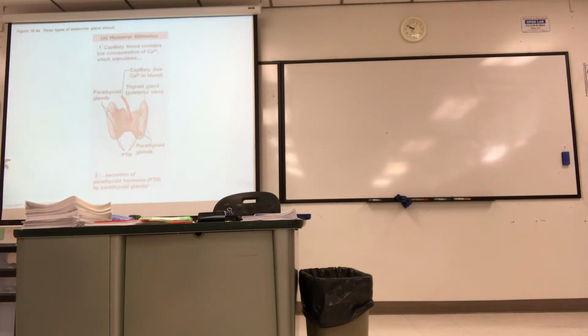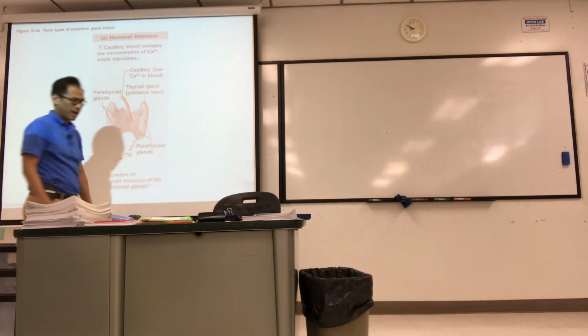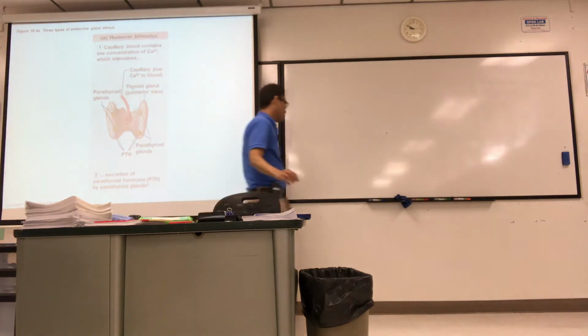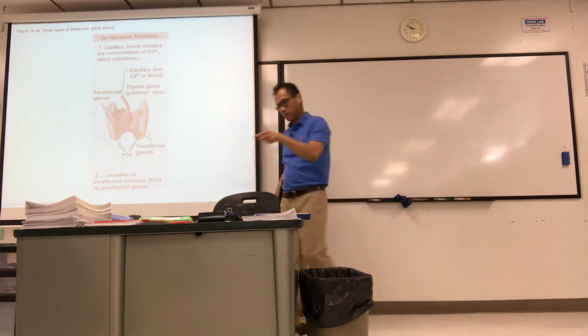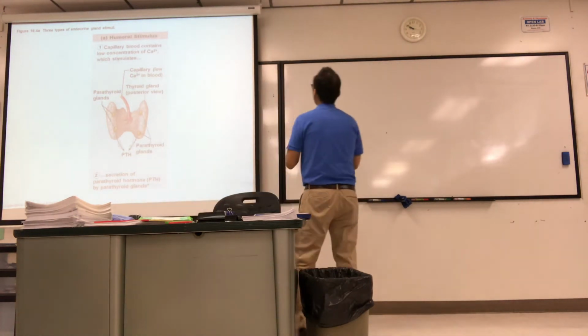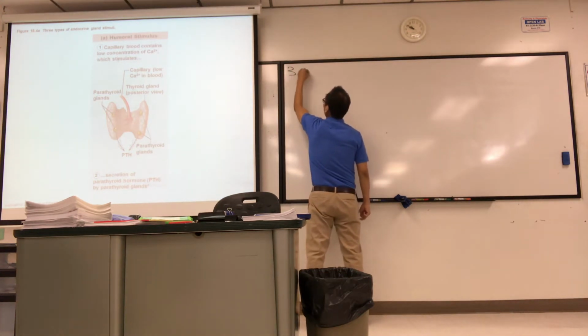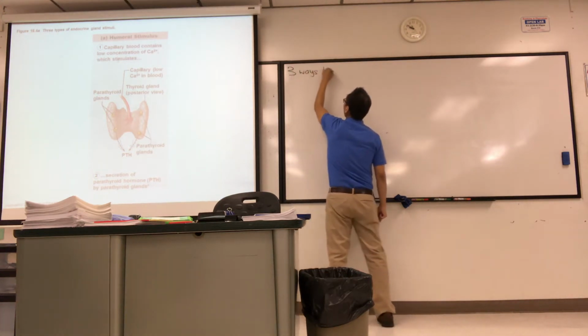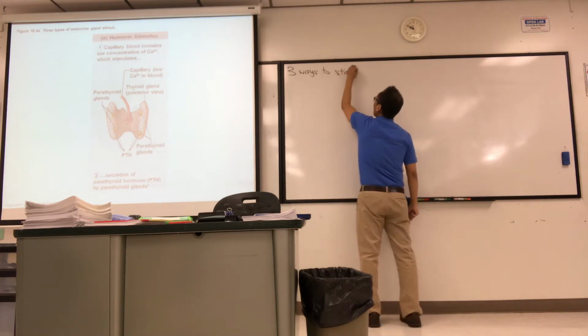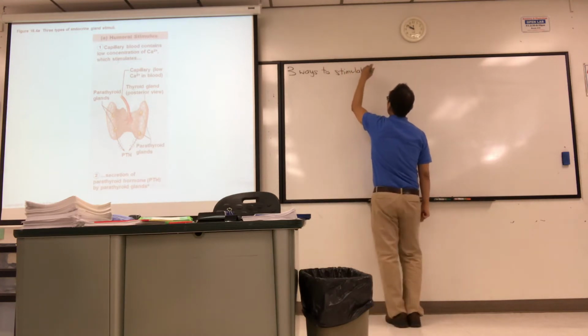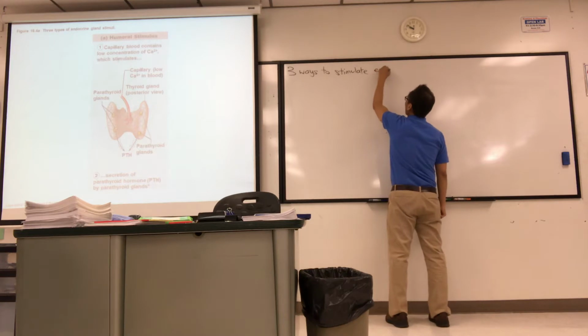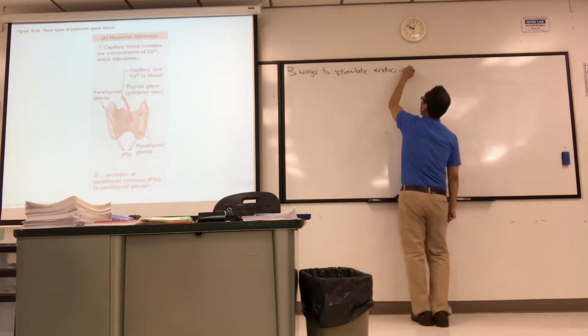Endocrine glands can be stimulated humorally. Basically, blood levels of something are detected by glands. Three ways to stimulate endocrine glands.